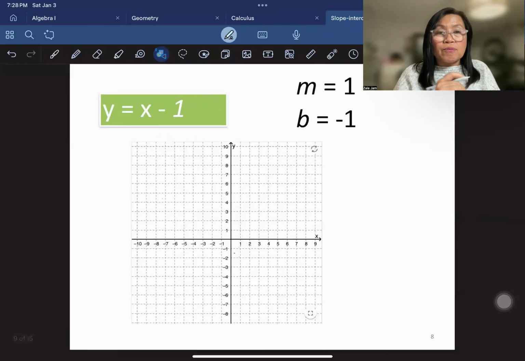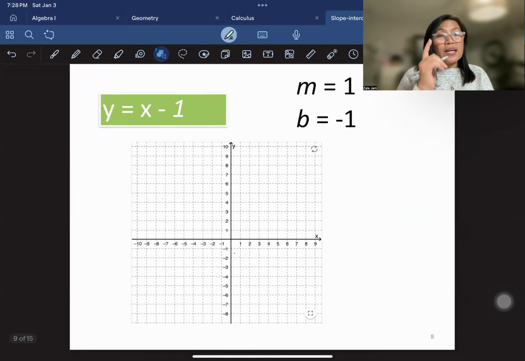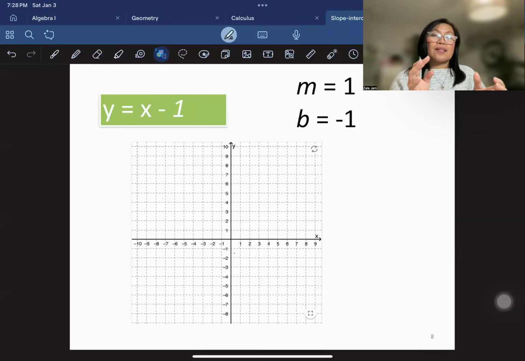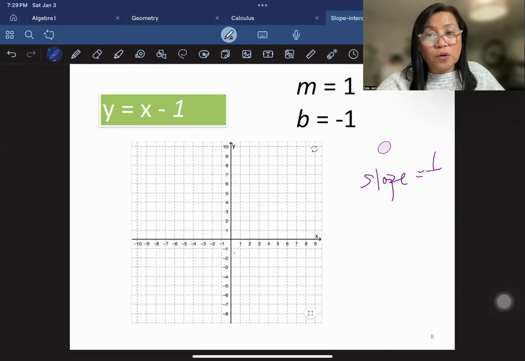So we have y equals x minus 1. This means that our slope is 1, because any variable without a coefficient, it is understood that the coefficient is equal to 1. Or we could also say our slope is equal to 1 over 1.